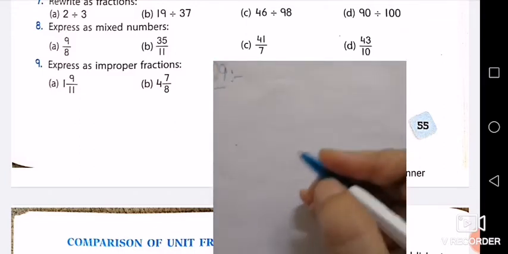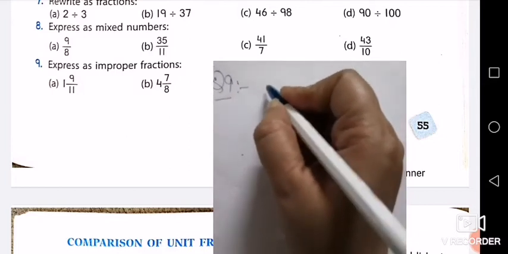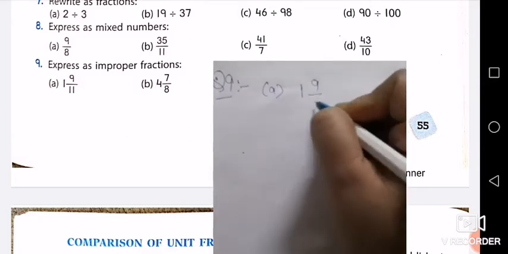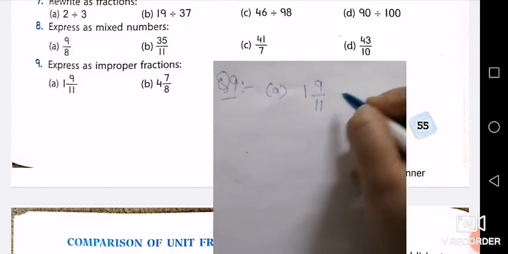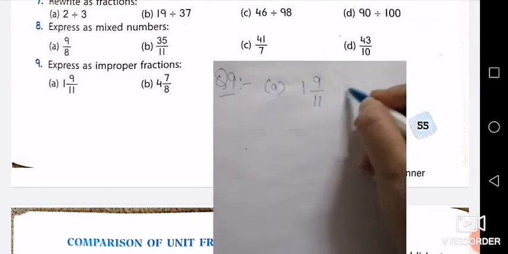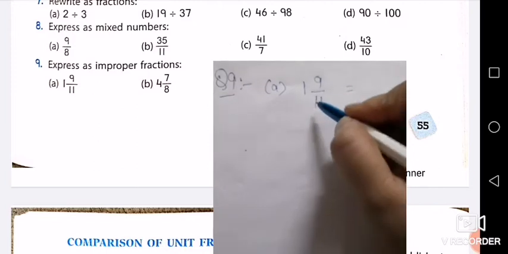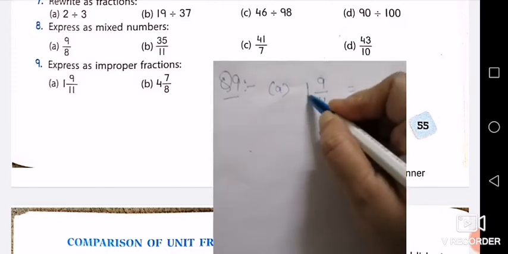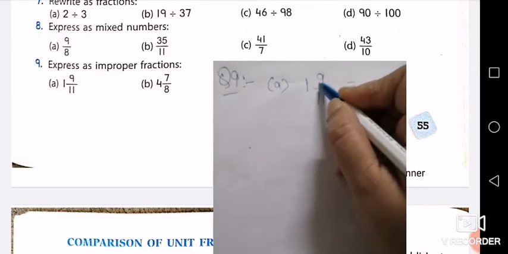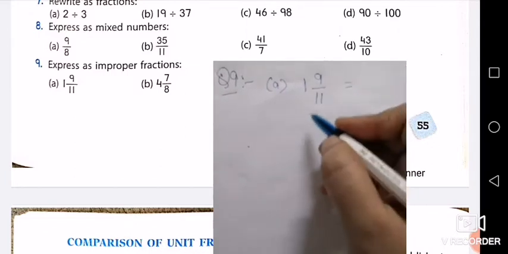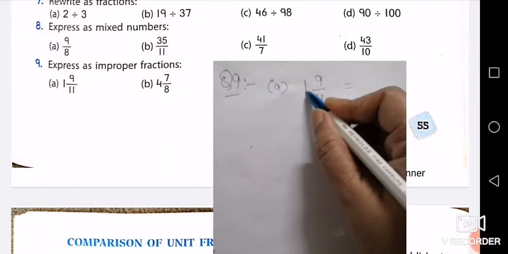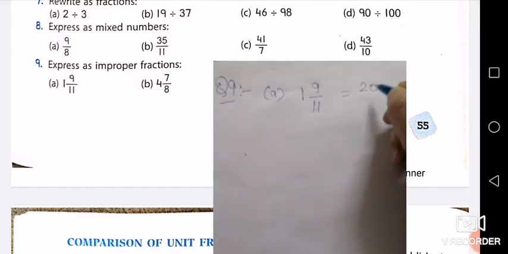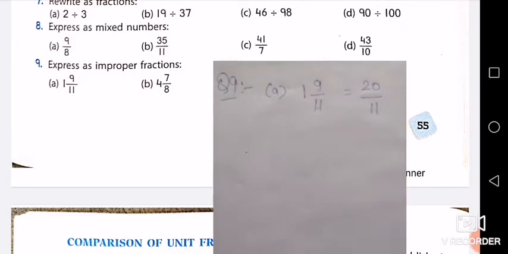Now you have to express the mixed number which is given to you as an improper fraction. Now how will you do it? Divisor will be multiplied by the quotient plus remainder. That is the process. 11 1s are 11 plus 9, that will become 20 by 11.